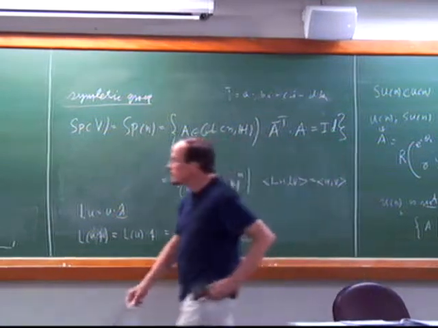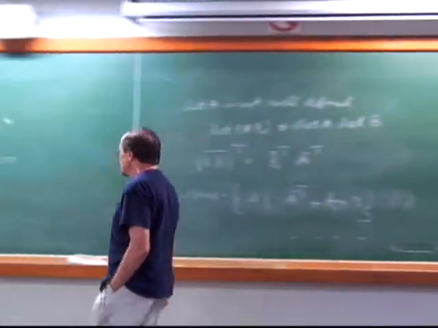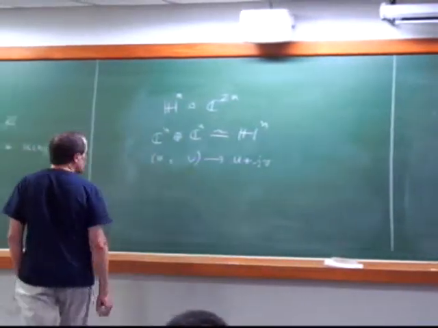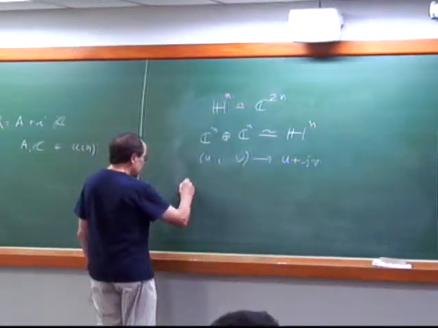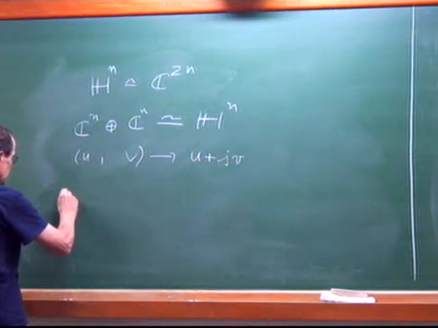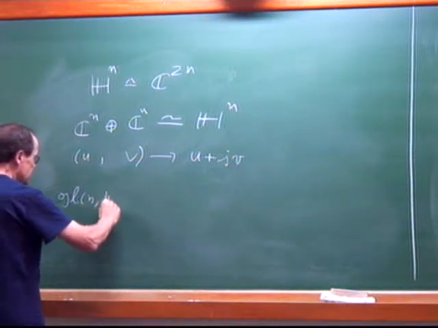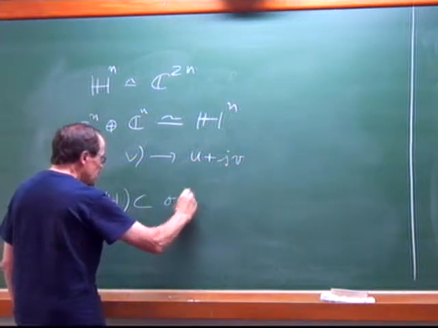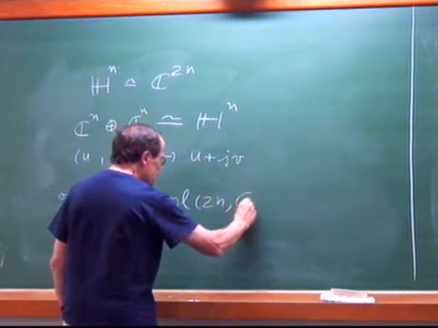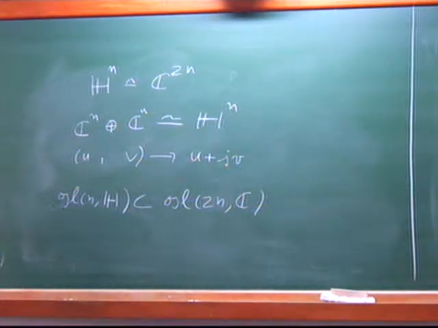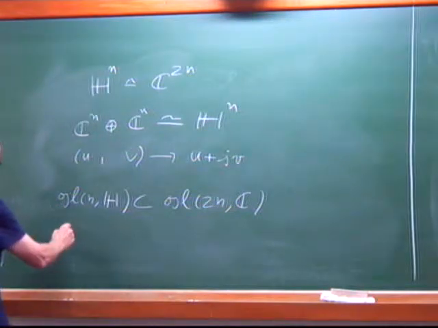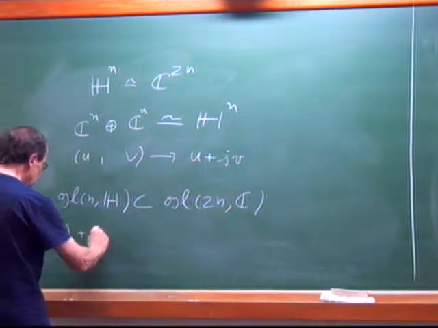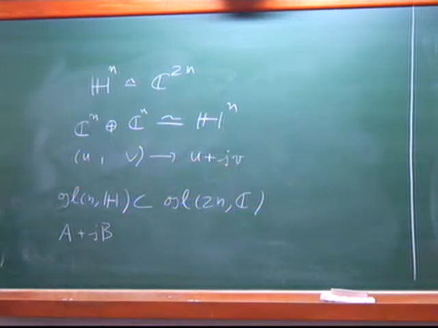Yes. And let's see why that's a good idea. So then I claim I get an embedding of the quaternionic matrices into GL2n of C, into complex matrices. Here I write a matrix as A plus JB, where A and B are complex.